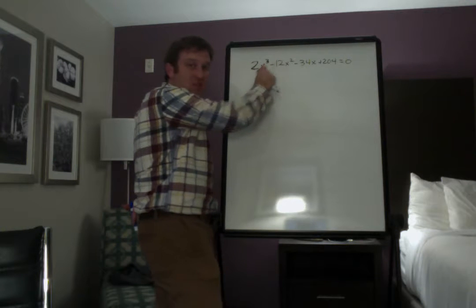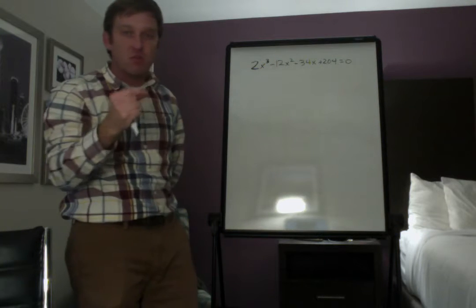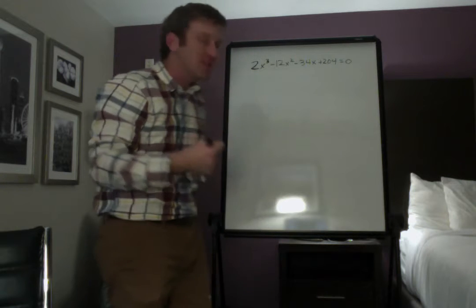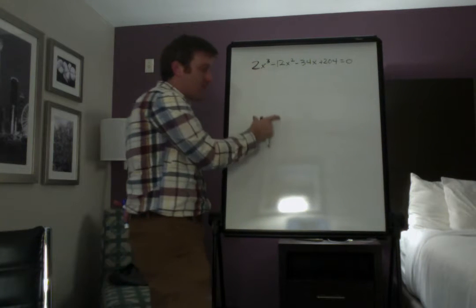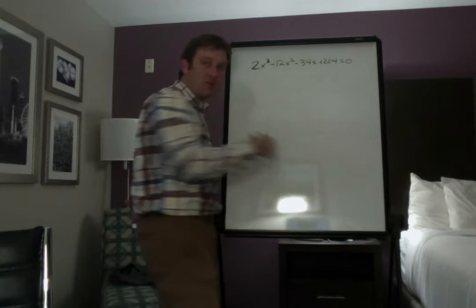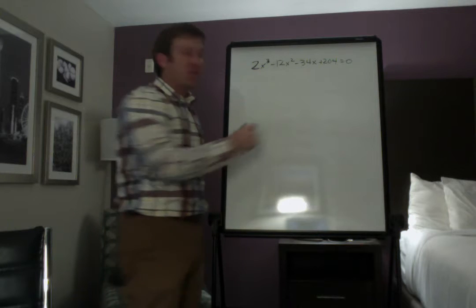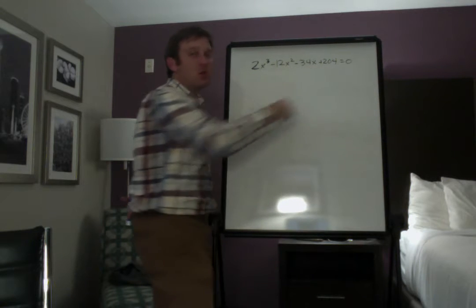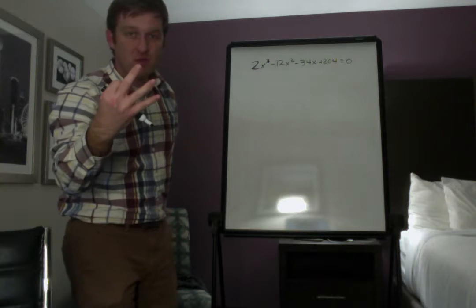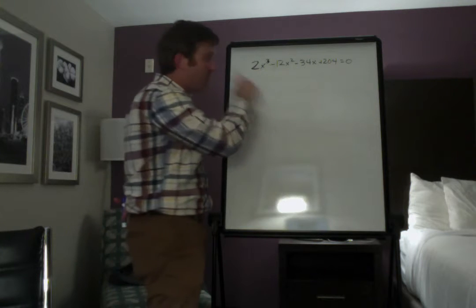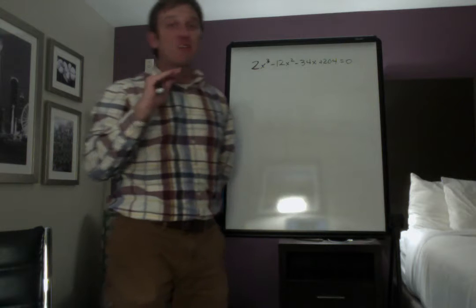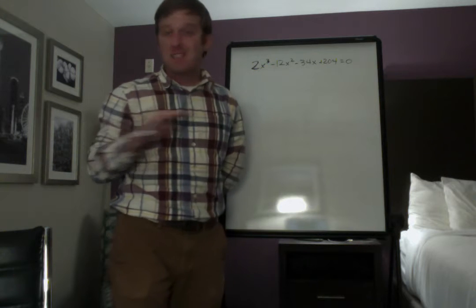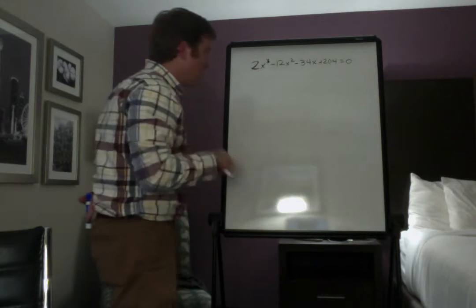This 3 tells me I had 3 x terms multiplied together to get the leading term. So that means I have three binomial factors multiplying together. So I know I'm looking for 3 zeros. Okay. So we're going to try to find those 3 zeros. Until we have 3, we're not done. Okay? So we're going to begin here.